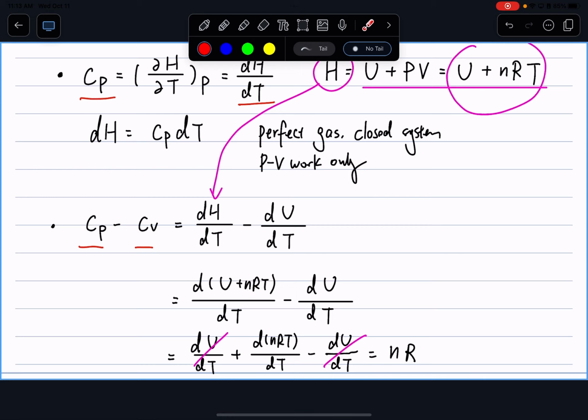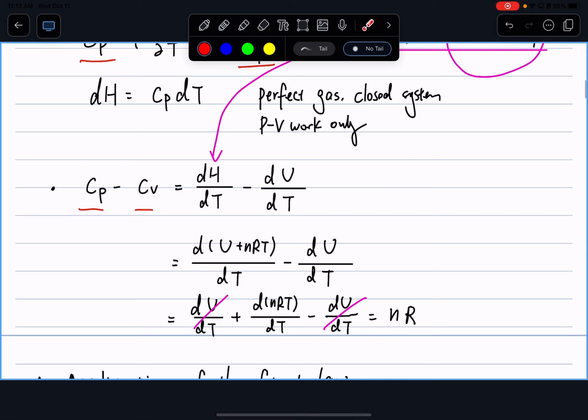When you take the derivative of these terms, you find the dU over dT term will cancel out. So effectively, the difference between CP and CV for an ideal gas is just nR. One of the things you can instantly grasp is that for ideal gases, your isobaric heat capacity, CP, will always be larger than your isochoric heat capacity, CV, by nR. So that difference is known.